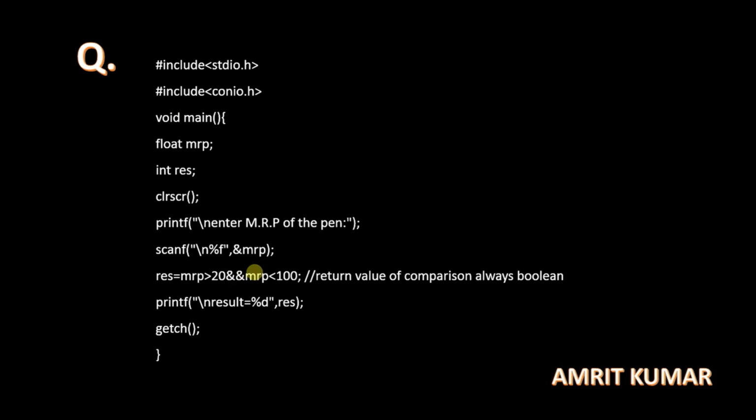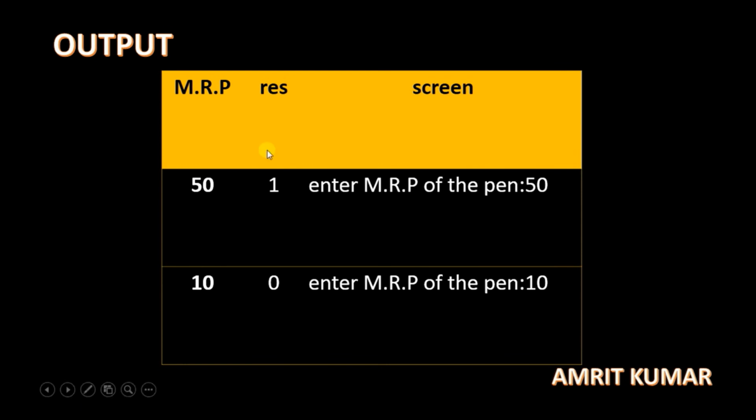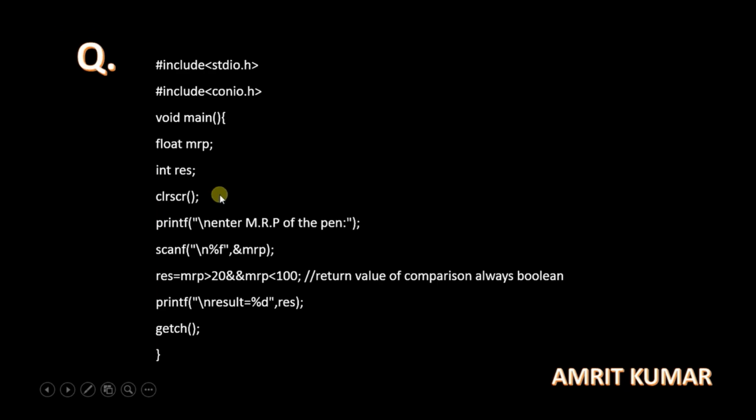Okay, so here you see these things, and after that I have used this res variable for storing the result of this condition. So let's look at how the output is going to be executed. If the user has provided us 50, let's check it. MRP is going to be 50 here. Is 50 greater than 20? Yes, it is. Therefore, 1 is going to be returned.